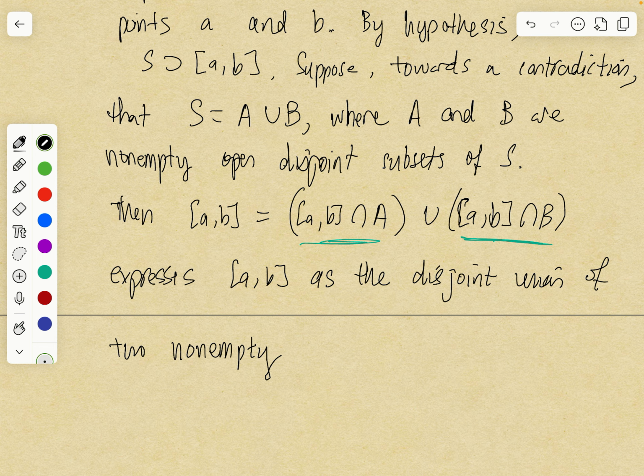okay, why is this non-empty? Yeah, that's an interesting point because you could have S being, say, A and B, and then the closed interval from a to b like this, right?